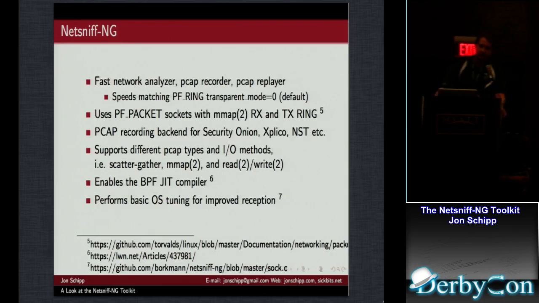And the Linux kernel has the JIT compiler, which is not enabled by default. So when you run Netsniff-ng, it will enable the JIT compiler. It's just a setting in procfs, or you can use sysctl if you want to add it to the file. Basically, the BPF JIT compiler creates a JIT image based on native code for your architecture.